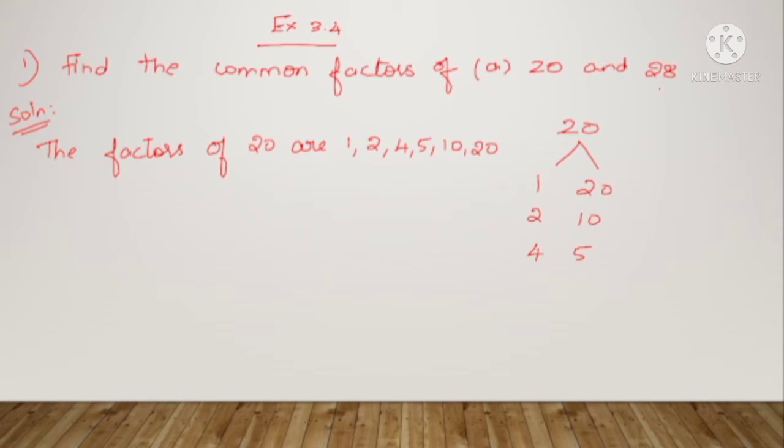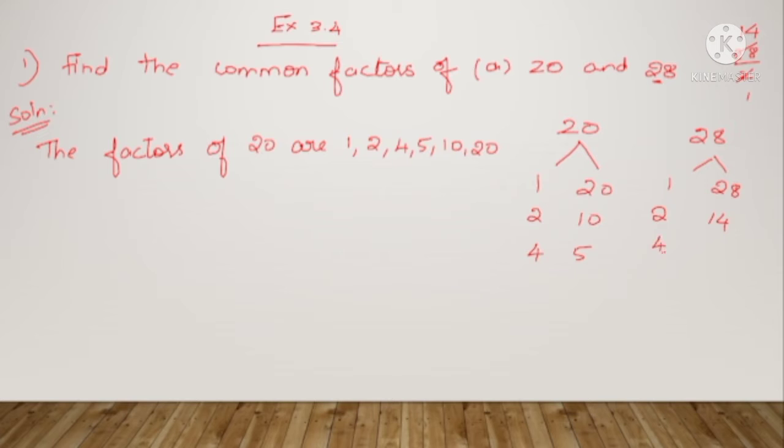After that, we have to find the factors of 28. So 1 28s are 28, 2 14s are 28. You have to divide 28 by 2, and it gives 14, so 2 into 14, and similarly 14 2s are 28, it's vice versa.